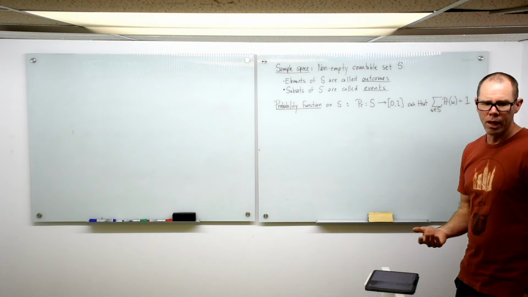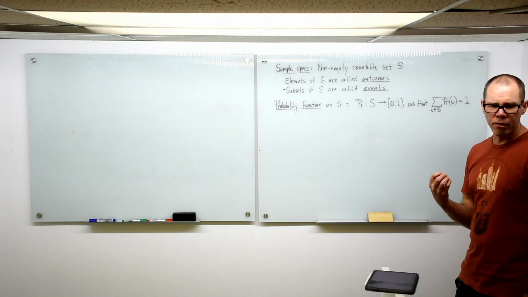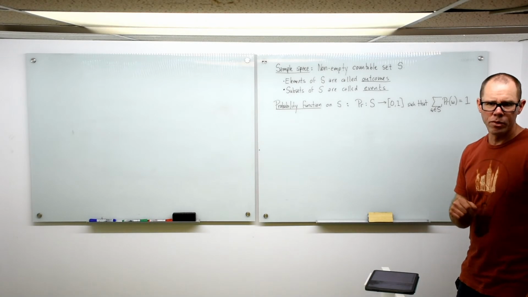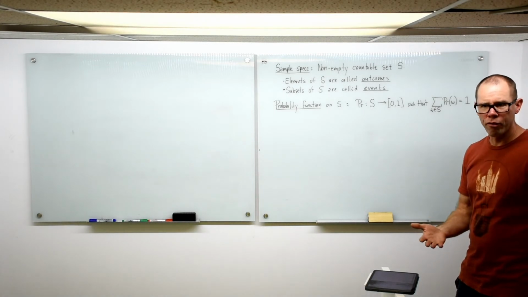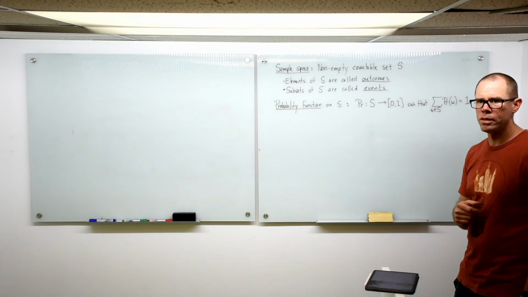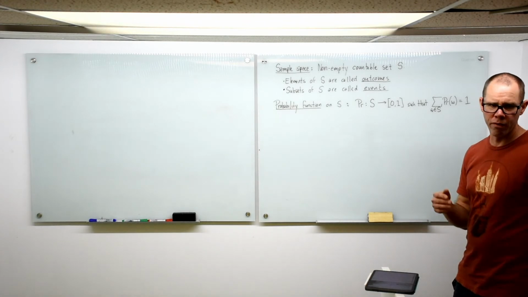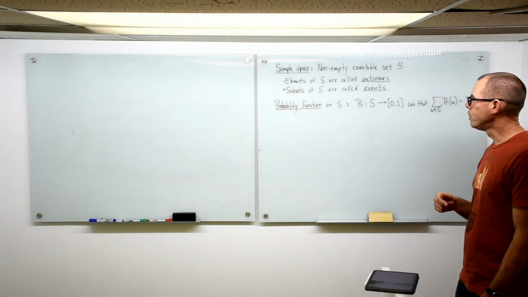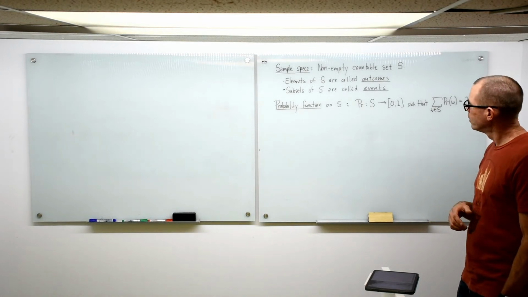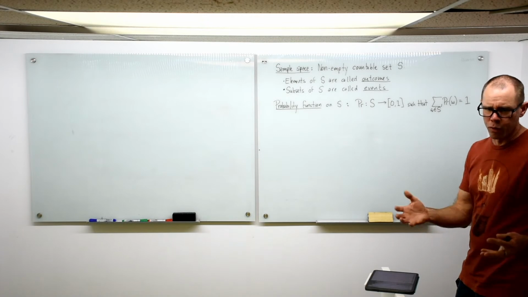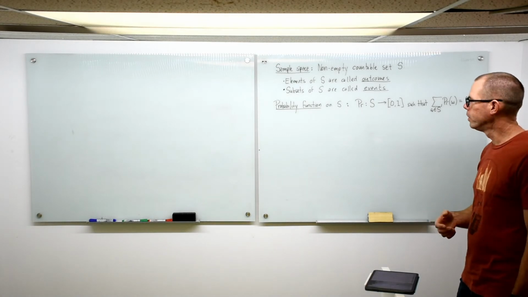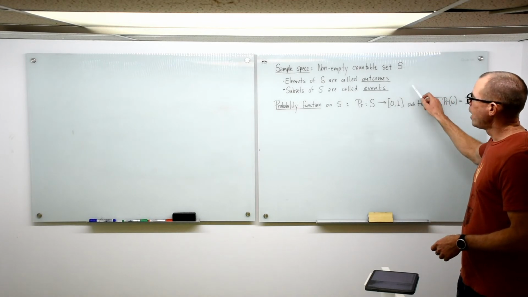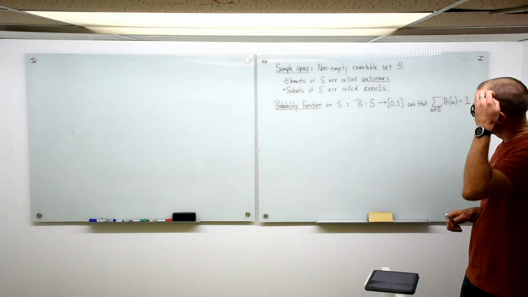So for example, I can think of the event, well, the integer that I picked is odd. That's a subset of 1 through 10. In fact, it's the subset 1, 3, 5, 7, 9. And so that's what's called an event. It's not an individual outcome, it's a group of outcomes that I'm interested in. Okay, so that's the sample space.